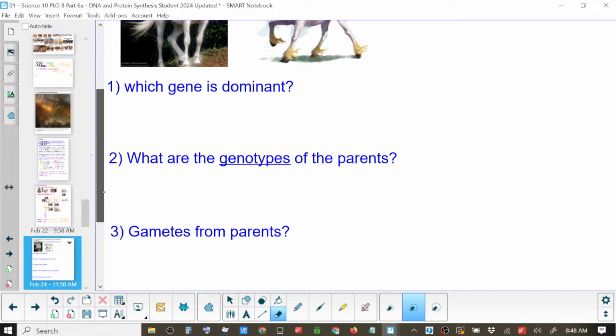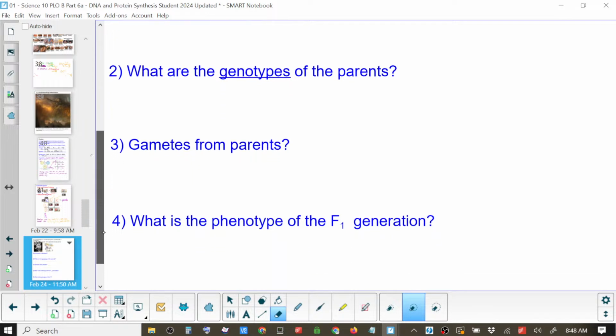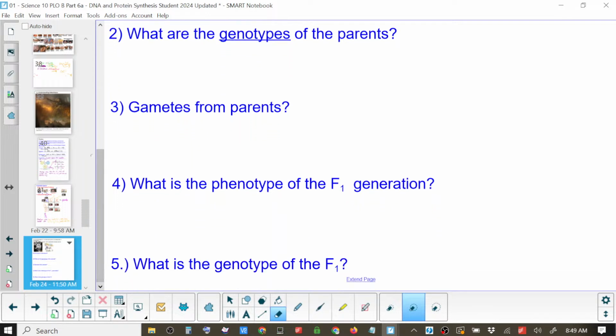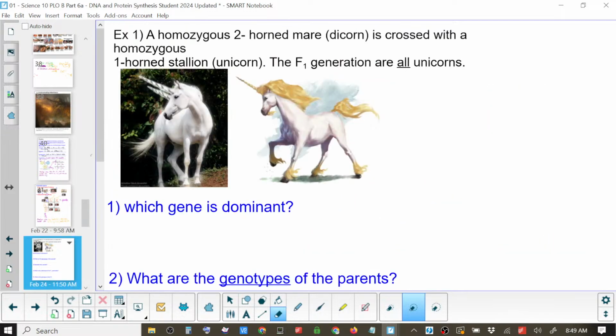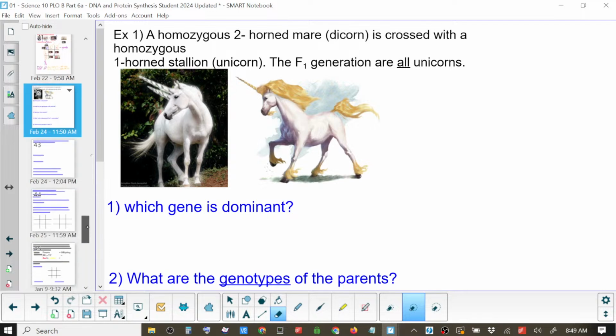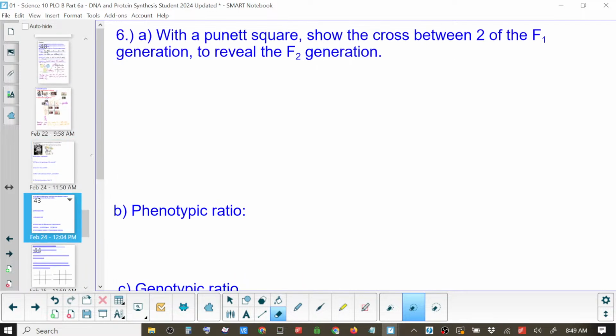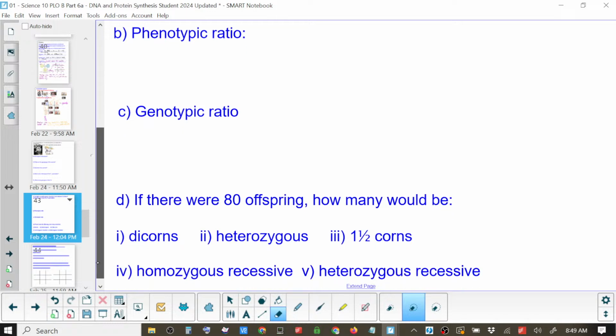Which gene is dominant? What are the genotypes of the parents? What are the gametes from the parents? What is the phenotype of the F1 generation? What is the genotype of the F1 generation? Come on. Next page, everybody. With a Punnett square, show a cross between 2 of the F1 to the F2. Give me the phenotypic ratio and the genotypic ratio.